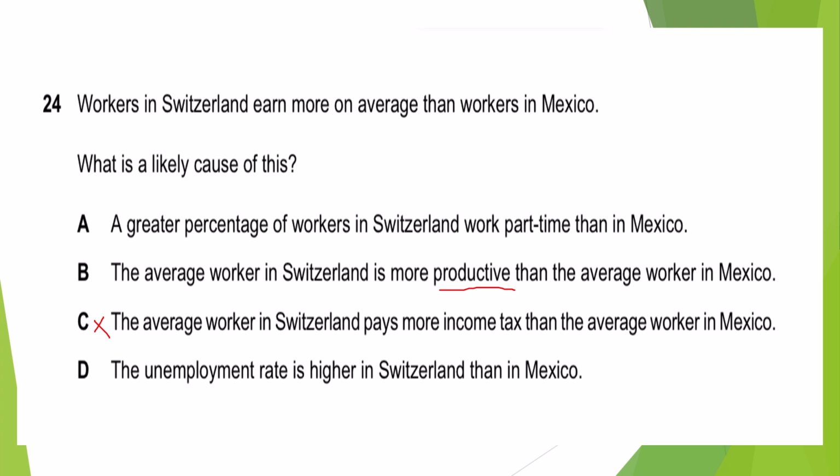If the unemployment rate is higher in Switzerland, so what is its link with the average earning of the worker? It is asking about the workers, not about the unemployed people. So we need to look at the people who are working, not the ones who are not working. So here, yes, B would be the correct answer, that the average worker in Switzerland is more productive than the average worker in Mexico.